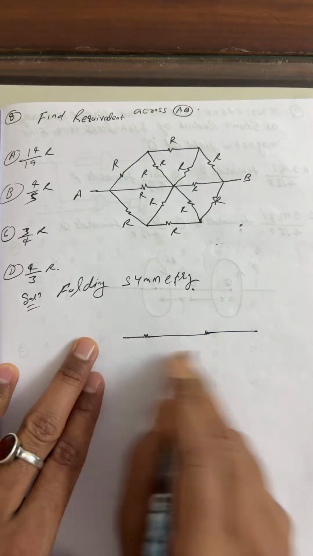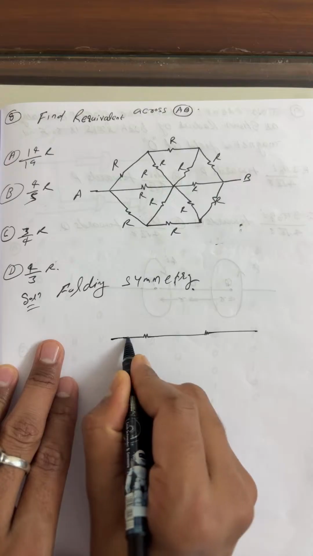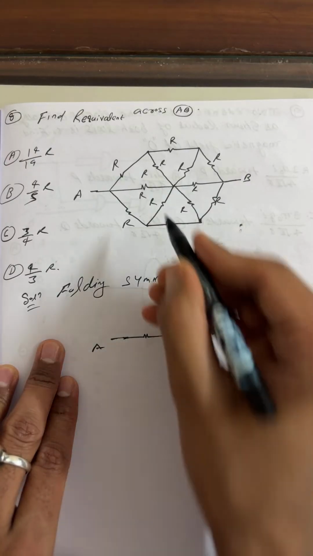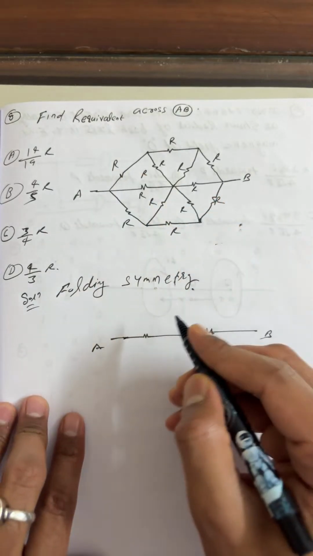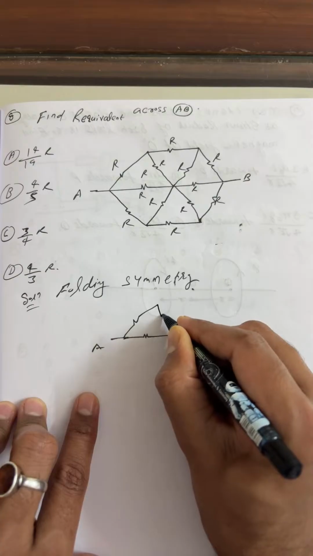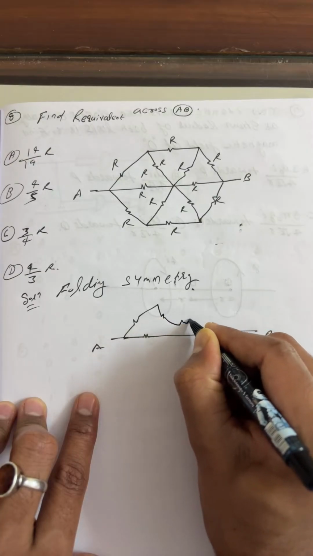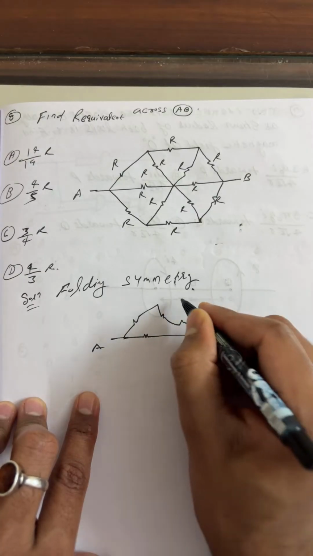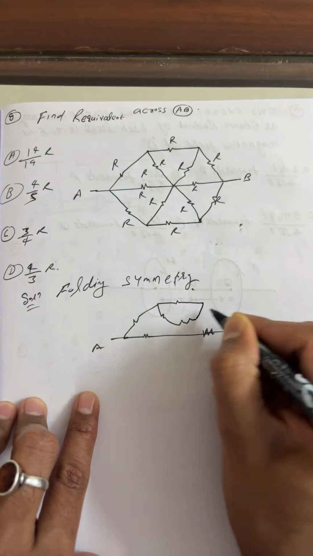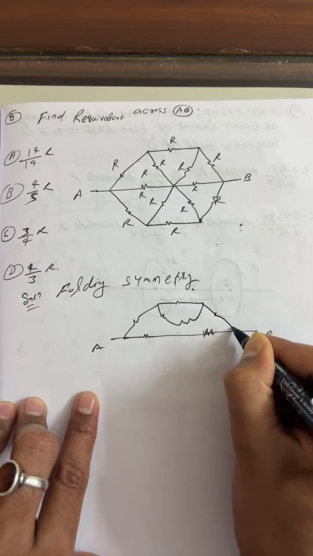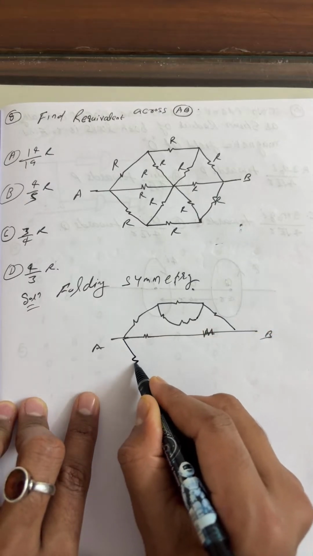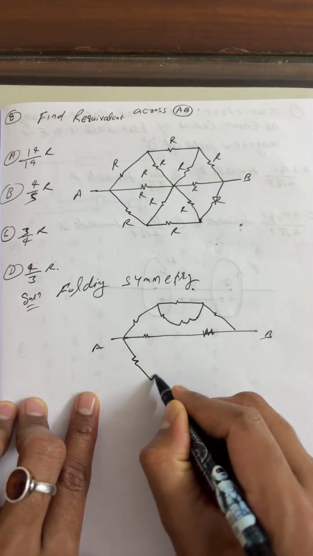There is no change from A to B; across which you are finding, this remains the same. You can take it like this. Then this is R only. There is one more R. Now you can say this is the condition.